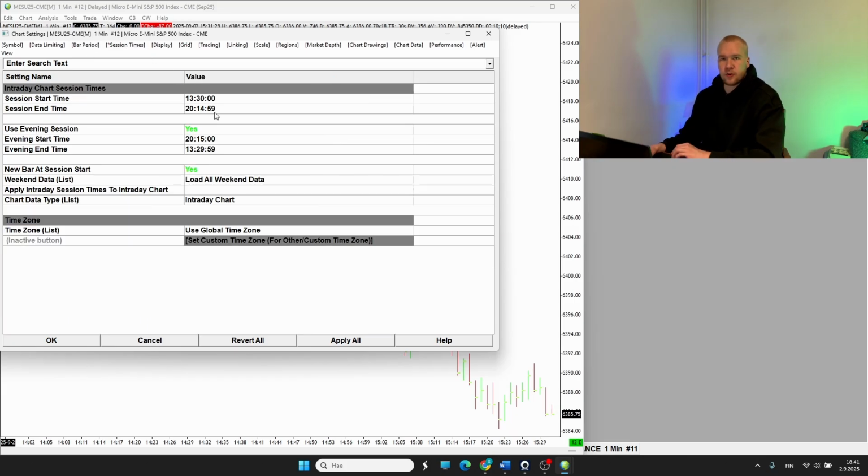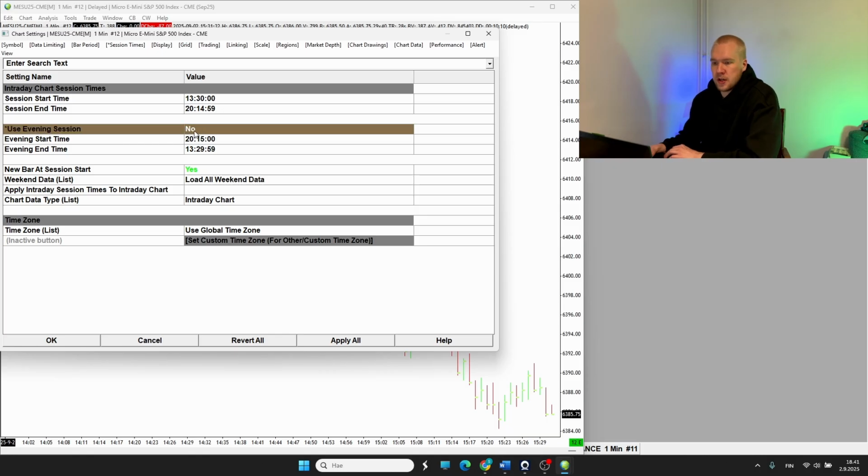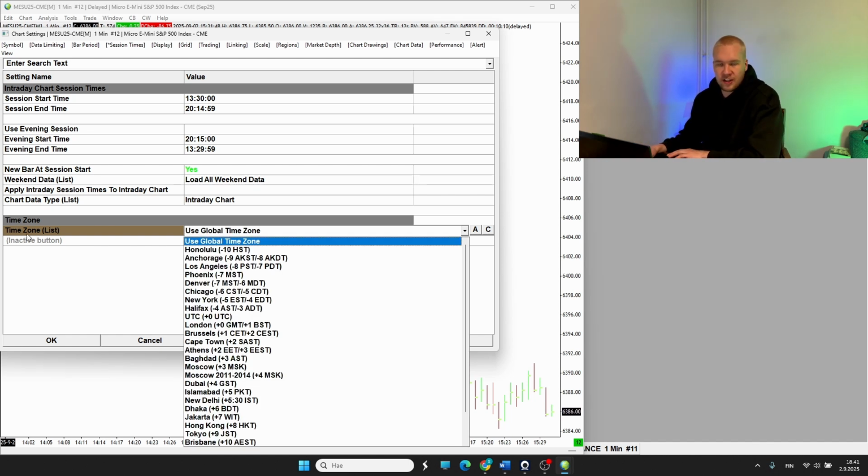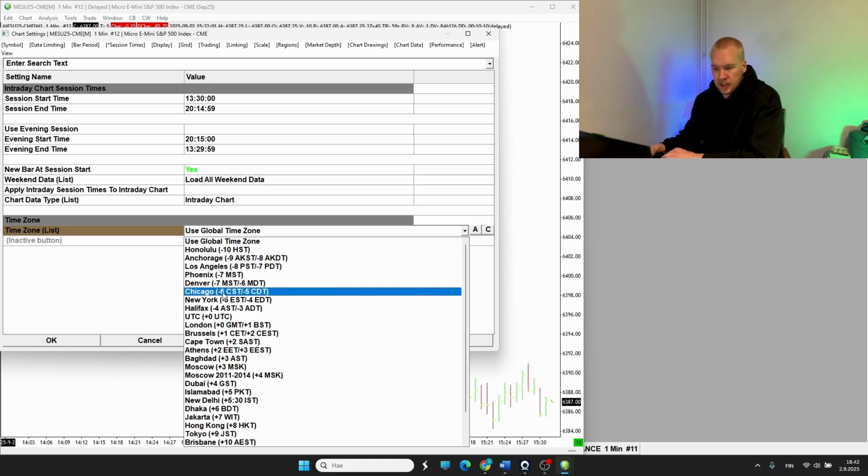And then we come to a very important part, which is the session times, and take the evening session off. And this is a very important setting which I haven't really seen people talk about. So here is the time zone, and the way I like to have my charts is that it is in the time zone of the traded asset. So I trade the MES, and that's obviously going to be New York.